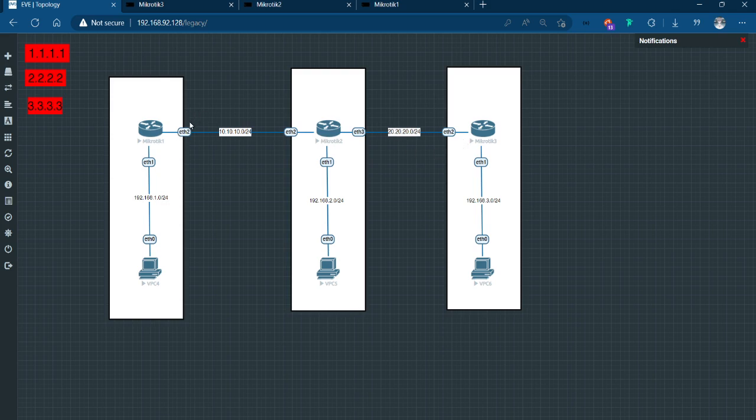Mikrotik number two routes to both sides. Since Mikrotik number three is not directly connected to Mikrotik number one, it has to route through the gateway. So let's go to the routing process.